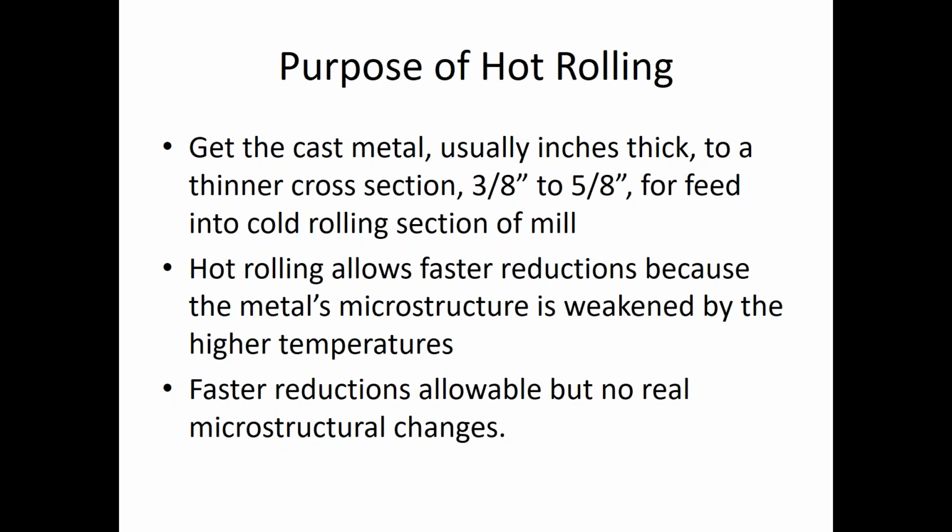Although you do have microstructural change, but it's continuous, and generally you do an odd number of passes in the hot end, 7, 9, or 11, or something like that, and then coil it up, and it forms an oxide, dark black oxide.